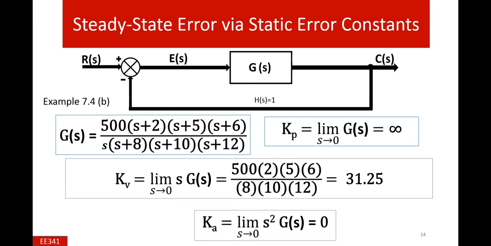If a pole is at the origin, what will happen with the errors and the static error constants? If the system is stable, then we have to find the value of the steady state error. If the system is unstable, we are unable to find the steady state error.